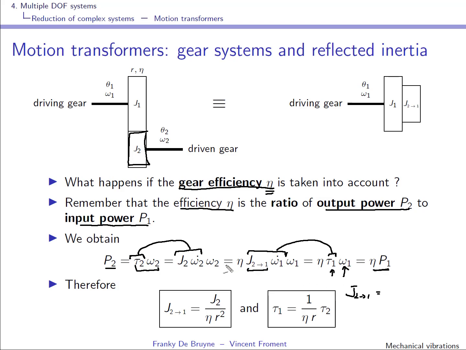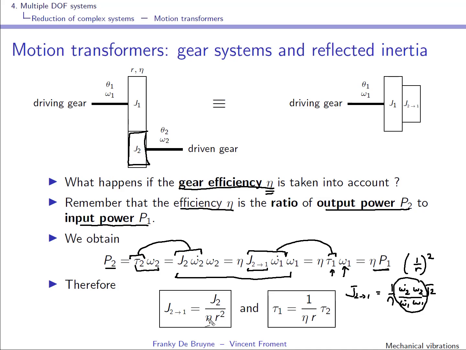Well, now you will consider this equation. It's 1 over eta, you have of course J2, and you have omega 2 dot over omega 1 dot, and this is here the inverse of the gear ratio squared.